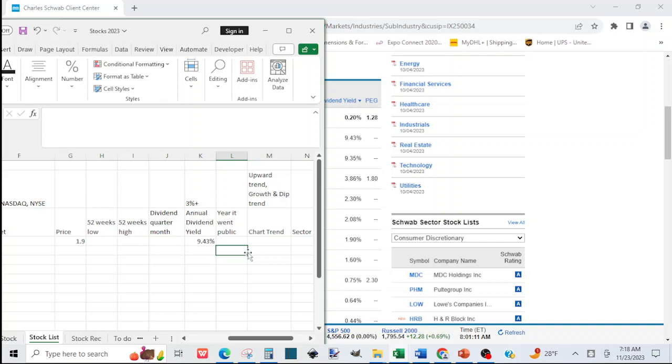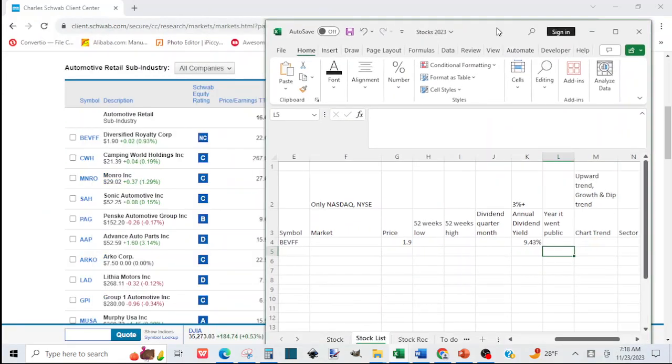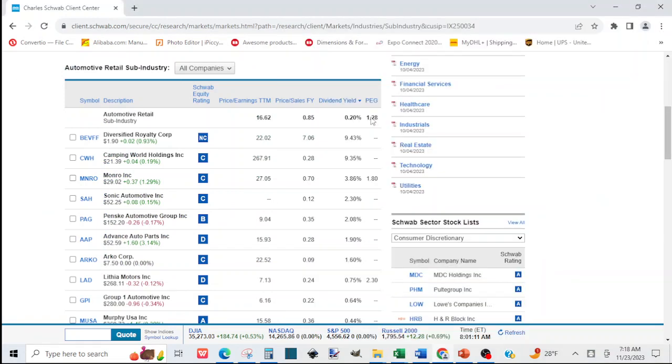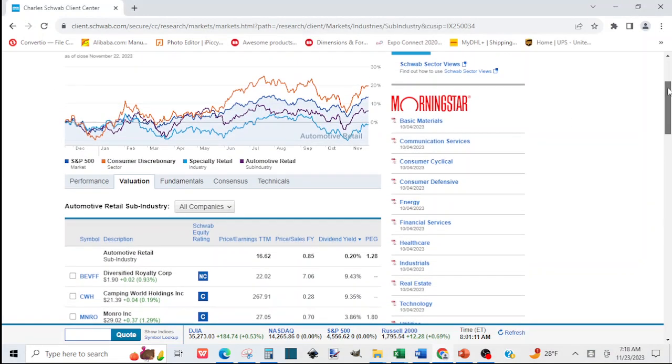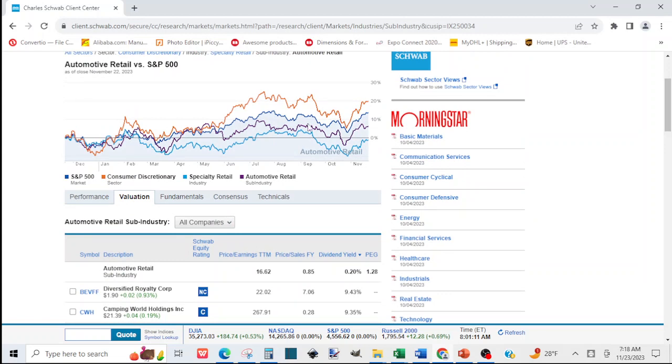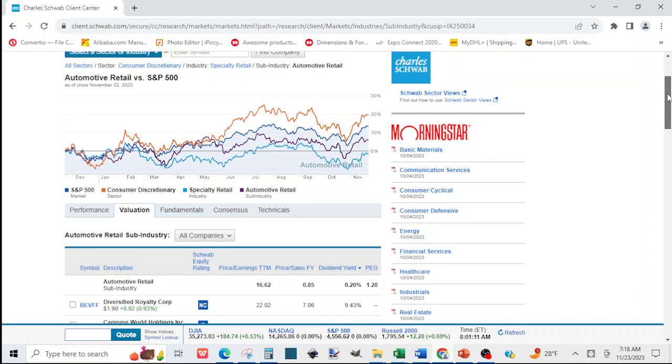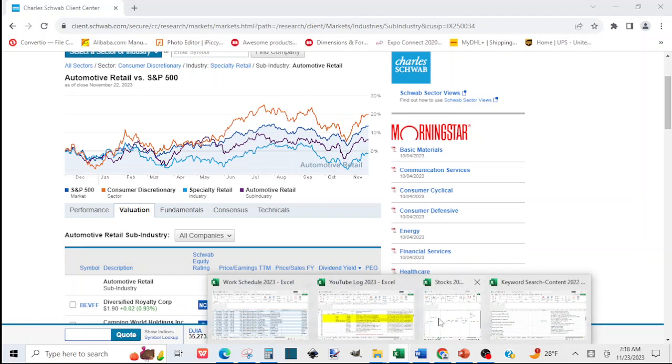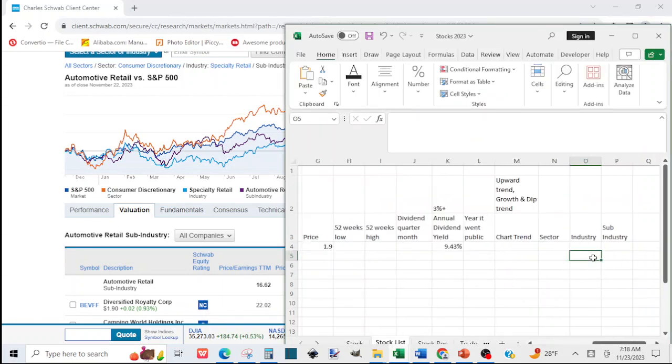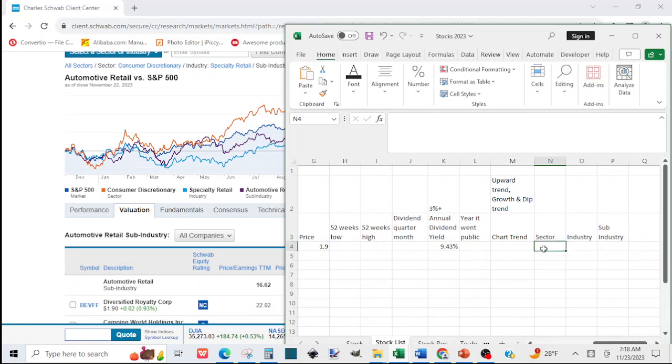and from here we will enter the sector that it is in, and you will go to the top and you can find it there, or you can go a little bit up as well. And you can scroll to your sector, and the sector is consumer discretionary.